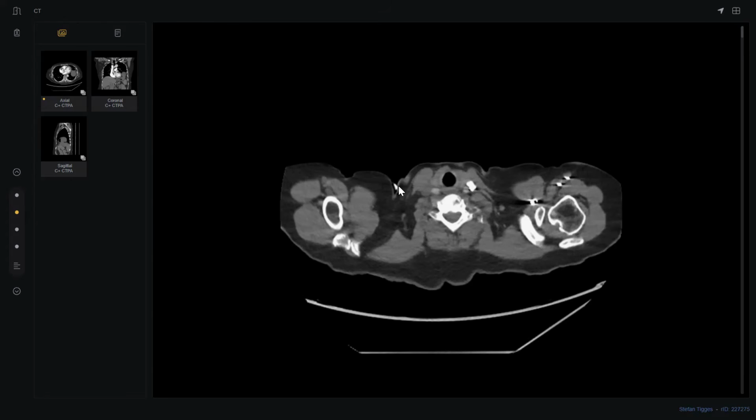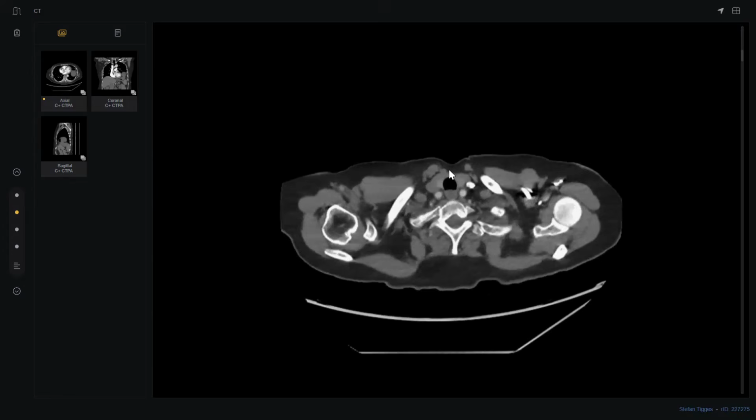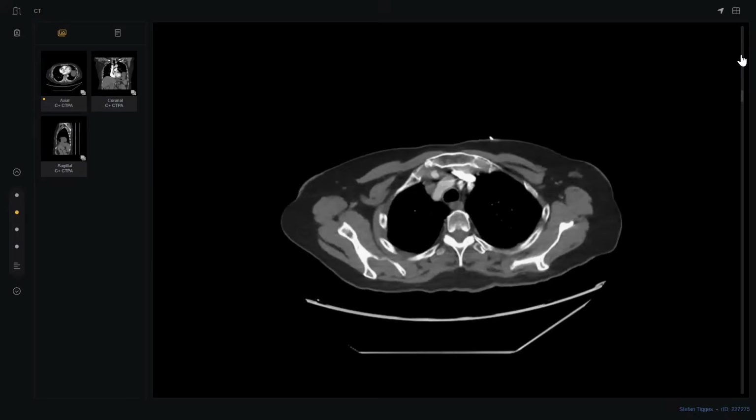It's not scrolling. This is a post-contrast CT of the same patient. Sorry, it's not scrolling. Sir, can you scroll it for me?